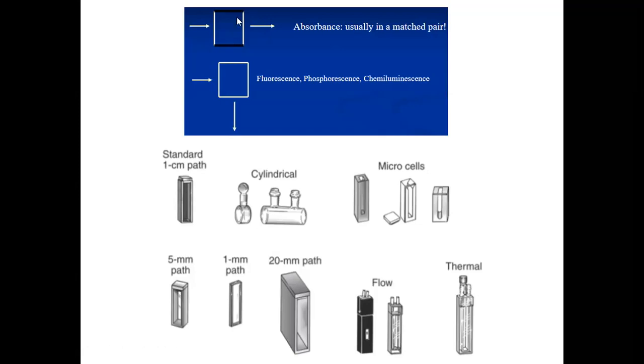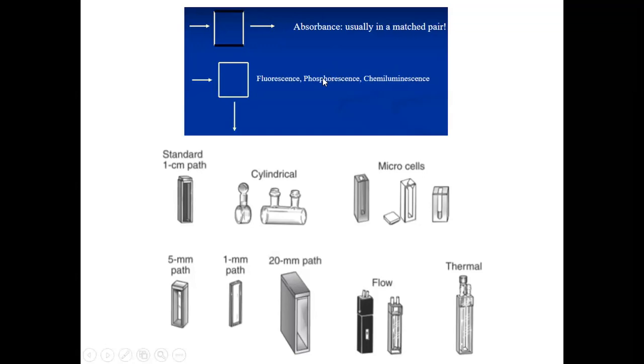In the very top figure, you can see the absorbance cell. I think I mentioned to you last week also, to get the absorbance, the radiation should go through the opposite walls of the cell. Therefore, the opposite walls should be clear.